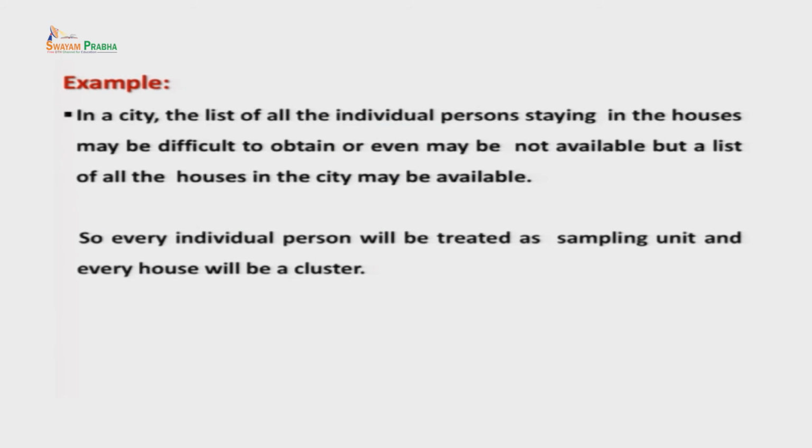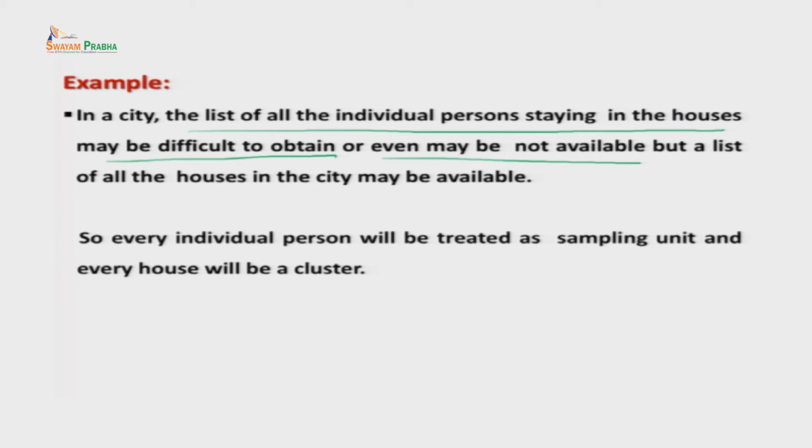For example, if you see in a city, the list of all the individual persons who are staying in different houses may be very difficult to obtain, and may not even be available.